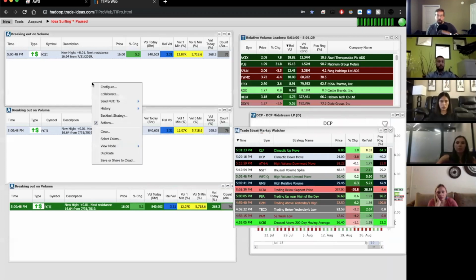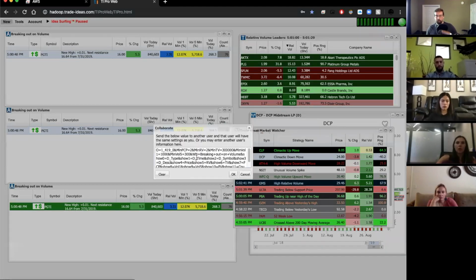We can right click on a current alert window. So it can't be a top list because this uses the same kind of alerting mechanism. And then we can hit collaborate, and it's going to give us this giant complicated link.